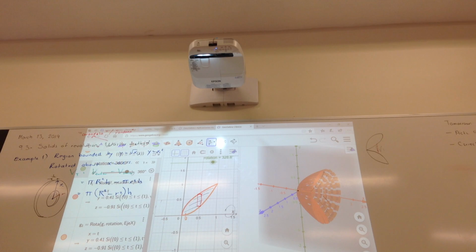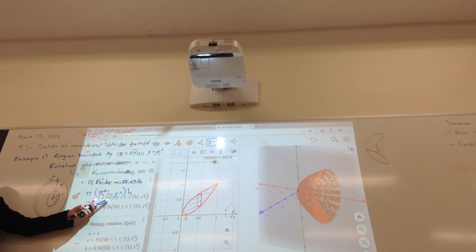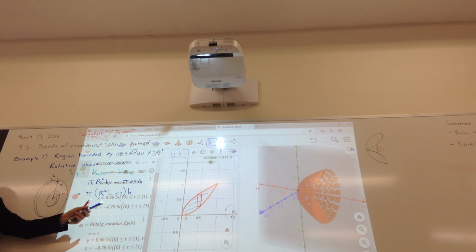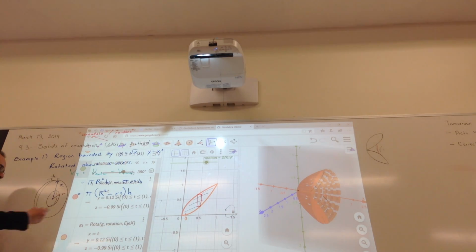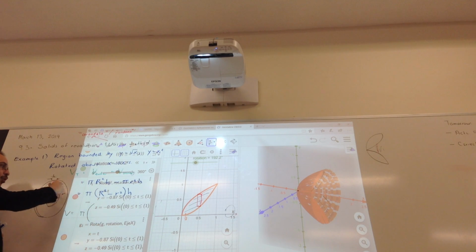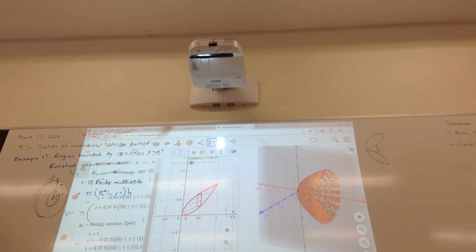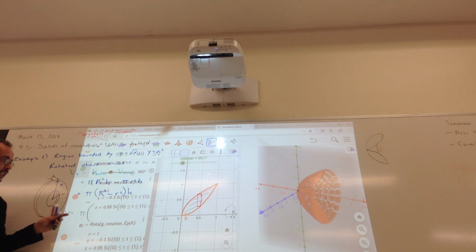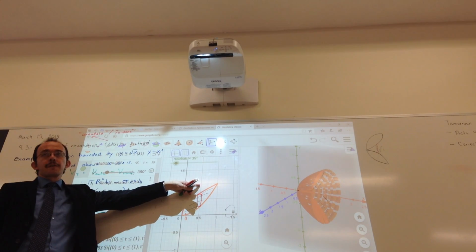Okay? If we translate that into the rectangles in calculus, then the pi is going to be the same thing. But the r squared, the big R, is going to be a function, which in this case is going to be represented by the upper function.